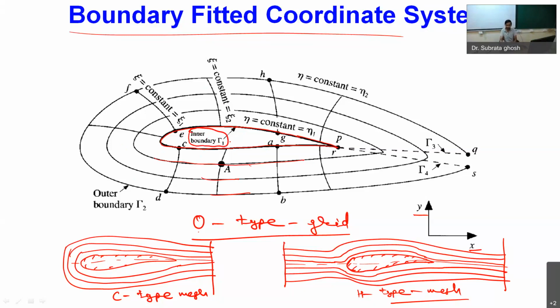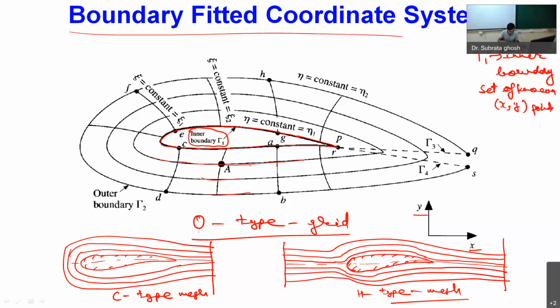Say my gamma 1 is some function which is representing the inner boundary of the mesh. In order to construct this gamma 1, we have a set of known XY points.